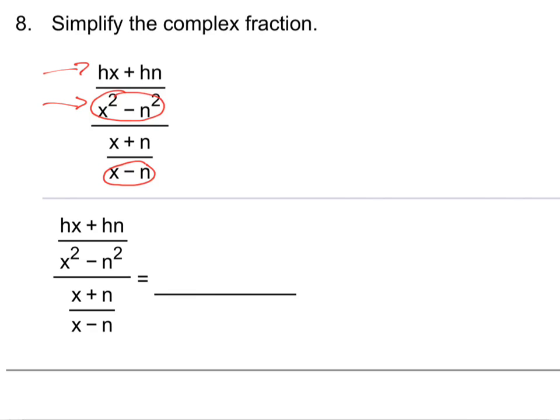Before you do anything else, factor this and this first. Like we learned, take out the GCF, and the other one is difference of squares. Remember how we learned to factor those? So first factor, then do the hitman, take them out. Stuff will actually be easy at that point.